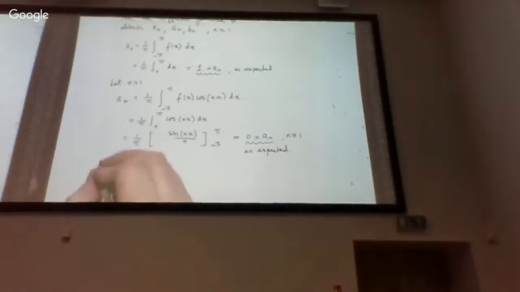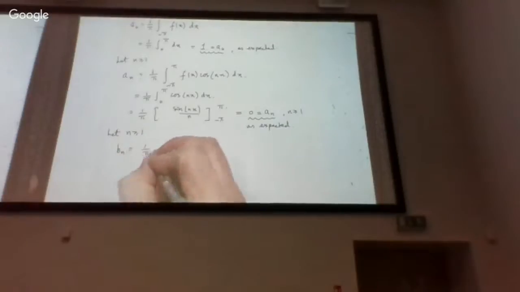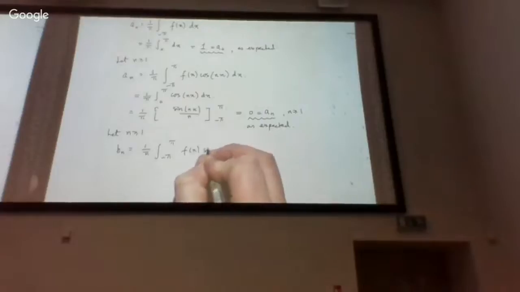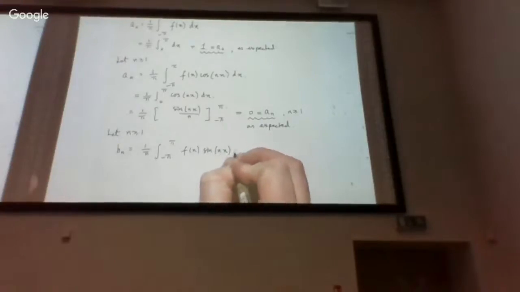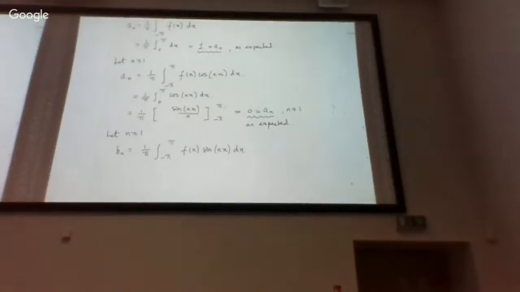Okay, that's good. So now we let n be bigger than or equal to 1, and we go for working out the Bn's. This is 1 over pi, the integral from minus pi to pi of f of x times sine of nx dx. And again, because f is 0 on the first half of the integral and 1 on the second half, this becomes 1 over pi times the integral from 0 to pi of sine of nx dx.